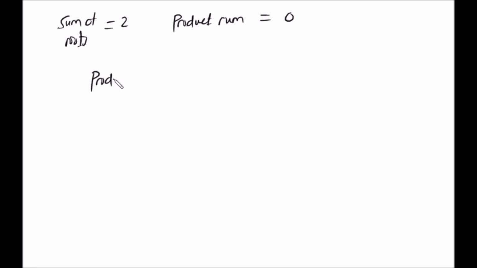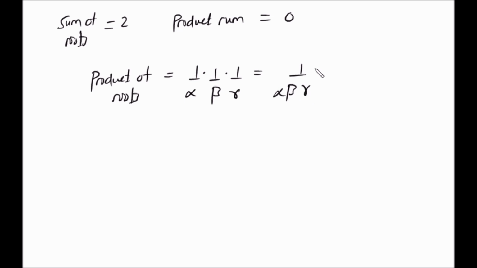Now let's look for the product of roots. Manake nitachukua 1/alpha times 1/beta times 1/gamma. Kwa hiyo itakuwa ni 1/alpha beta gamma. But alpha beta gamma ni nini tena?